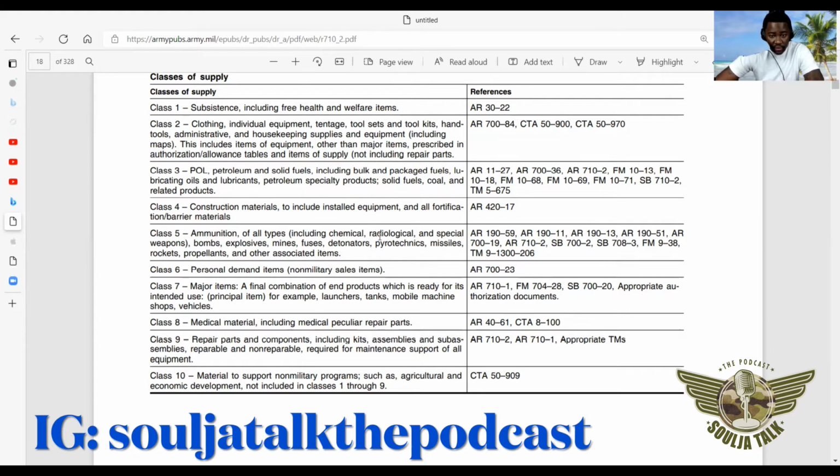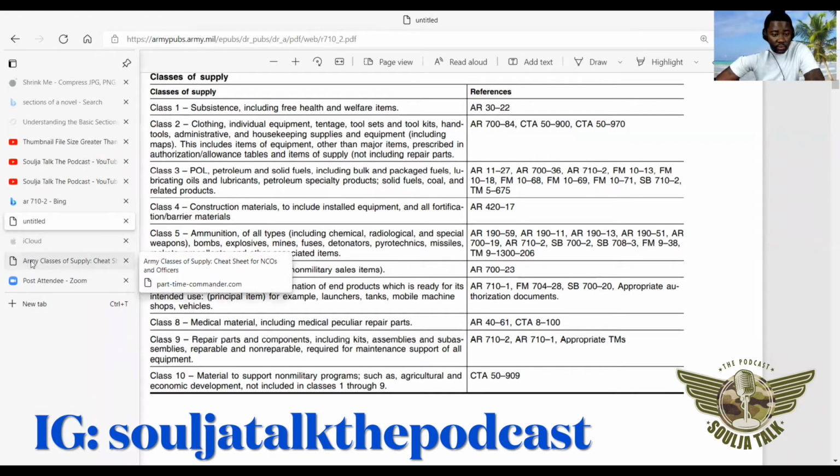So you can always find class 5 in AR 190-59, AR 190-11, AR 190-13, AR 190-51, AR 700-19, AR 710-2, SB 700-2, SB 708-3, FM 9-38, and TM 9-1300-206.